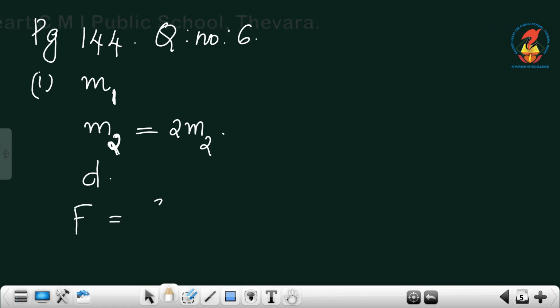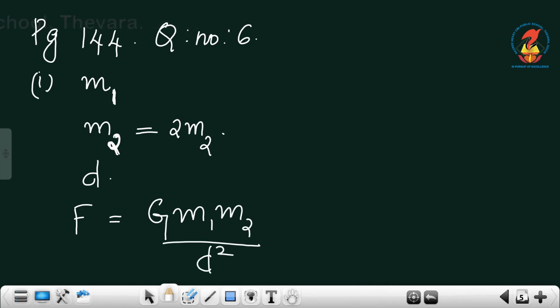Now, the formula to find force is F is equal to G m1 m2 by d square. Let us substitute the new values.